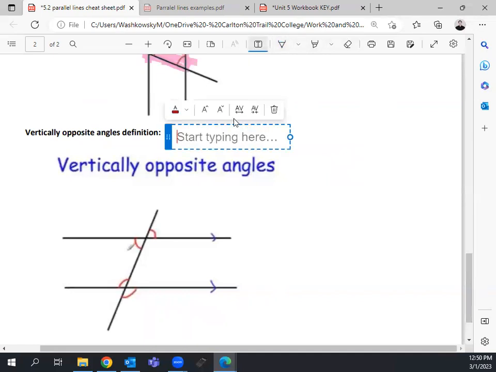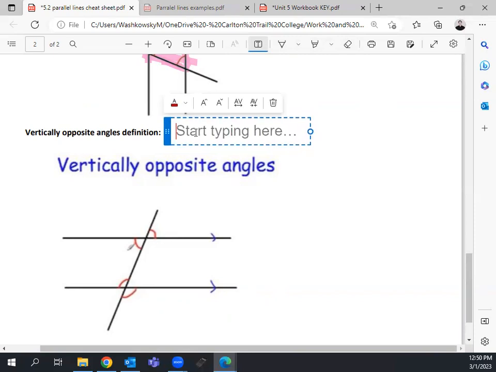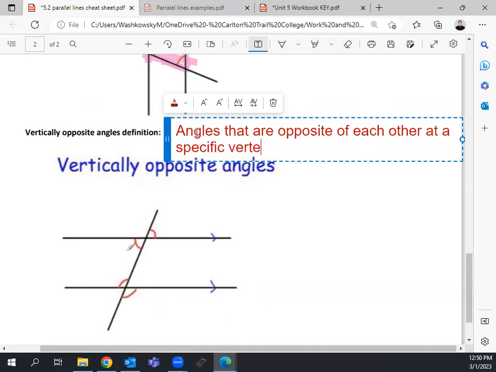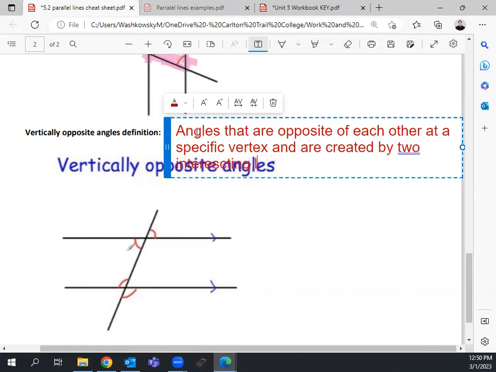So a vertically opposite angle. This is going to be a little bit of a longer definition, so make sure you space it. Angles that are opposite of each other at a specific vertex and are created by two intersecting lines.